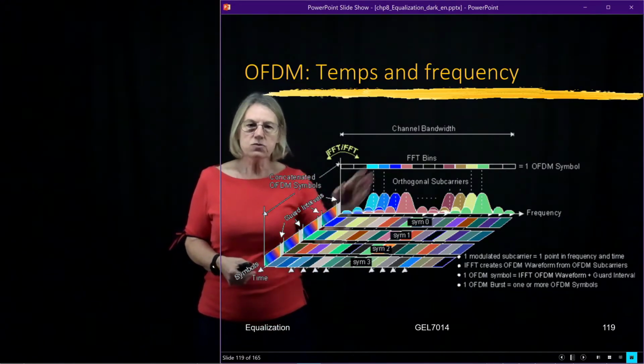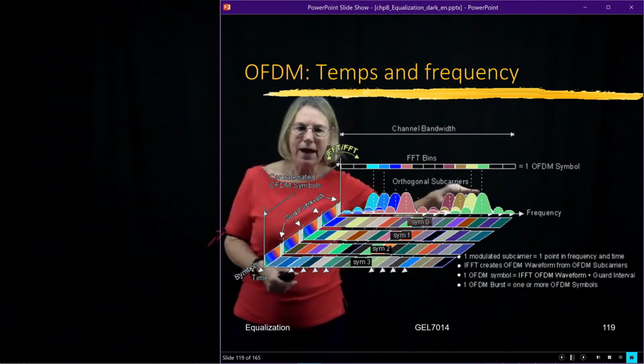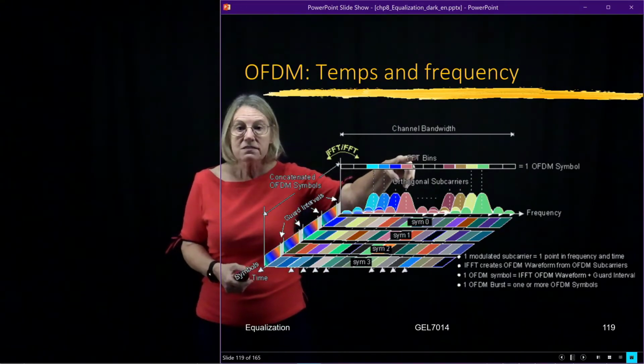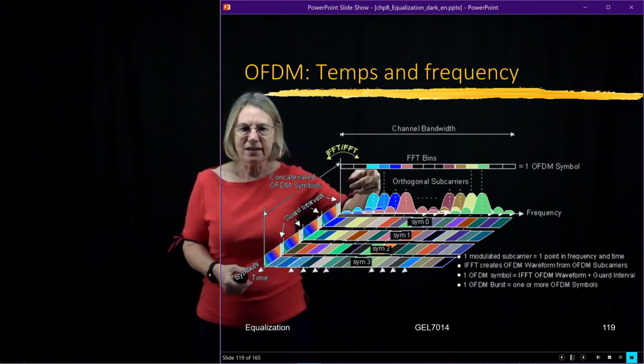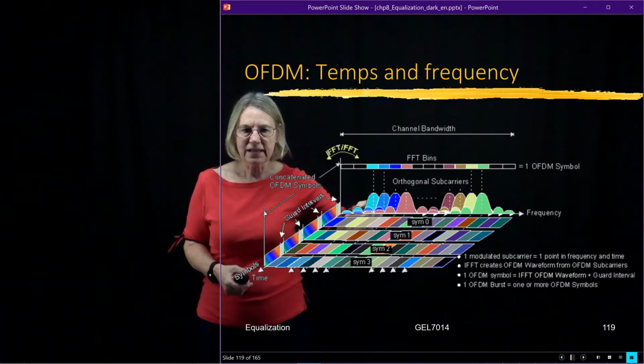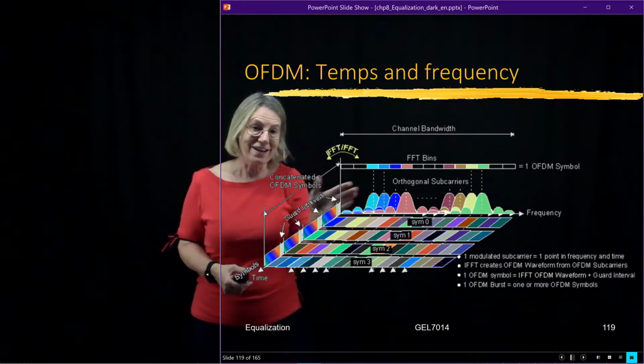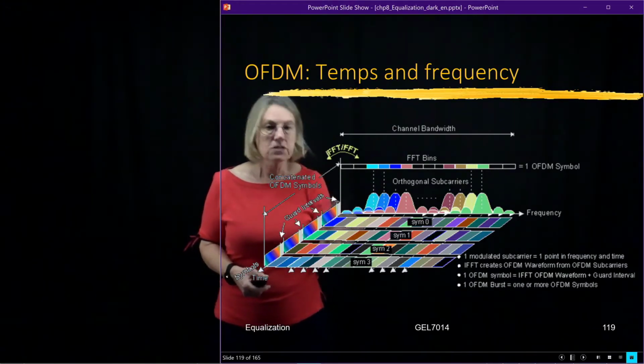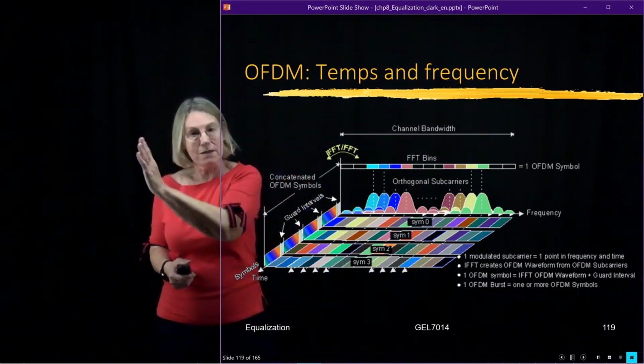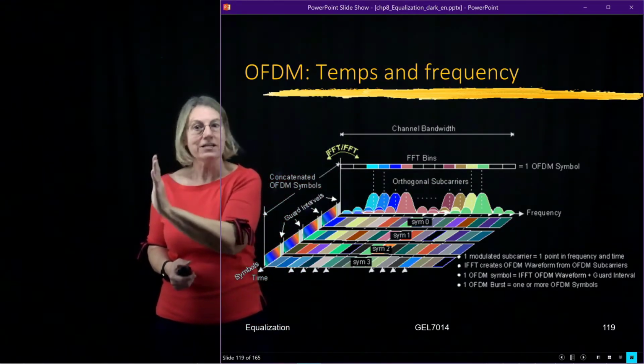These represent all of the occupied FFT bins. So when I put in a data value here, that represents what's going on at that frequency subcarrier. Mathematically, it's just a symbol in a position on a vector.